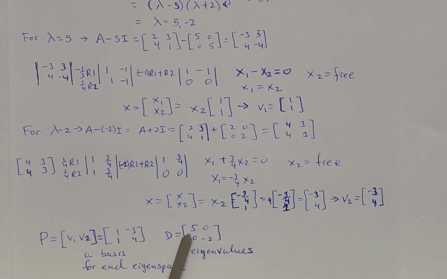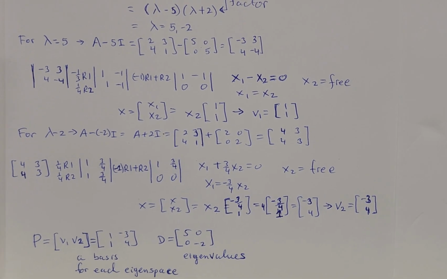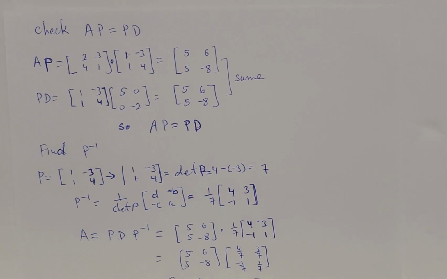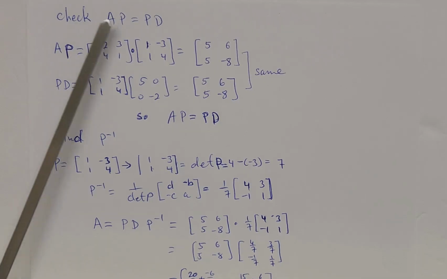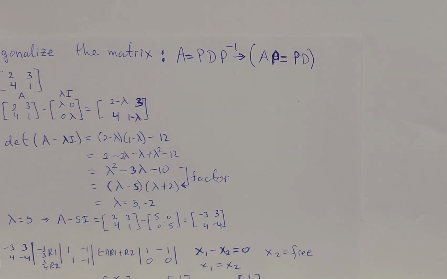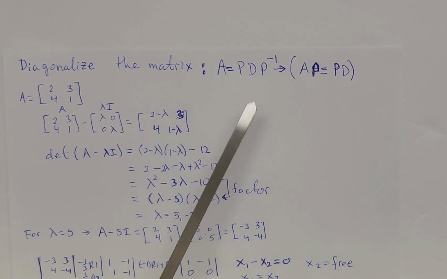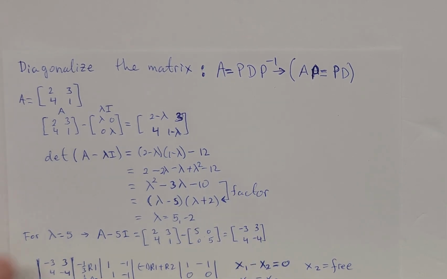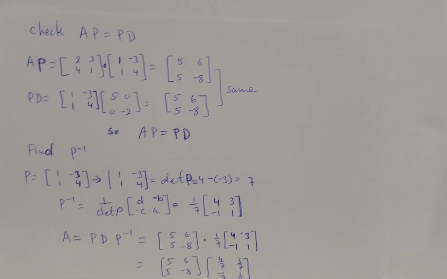So here's the eigenvalue 5, here's the eigenvalue -2. These two are just 0. Okay, next I want to check if this is true or false. So I'm going to check AP equals PD, which I have from the top right here. AP equals PD. Are they the same?